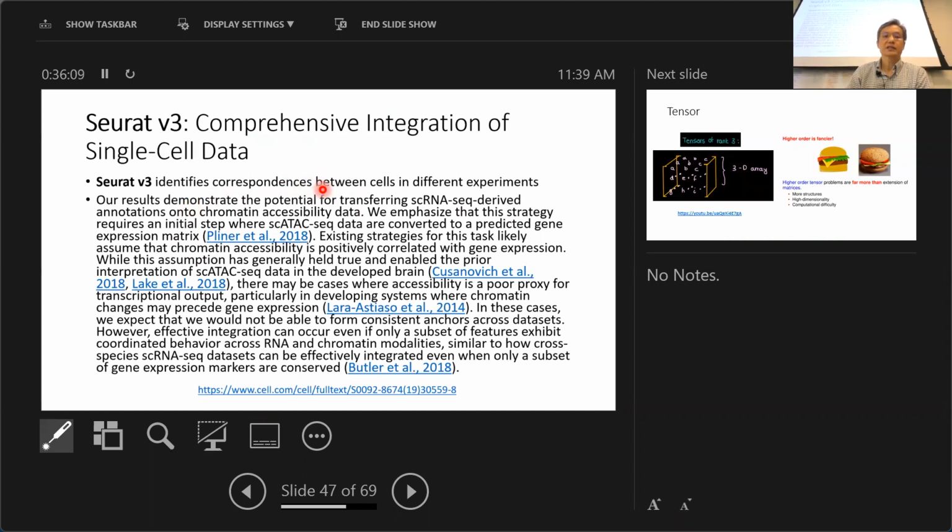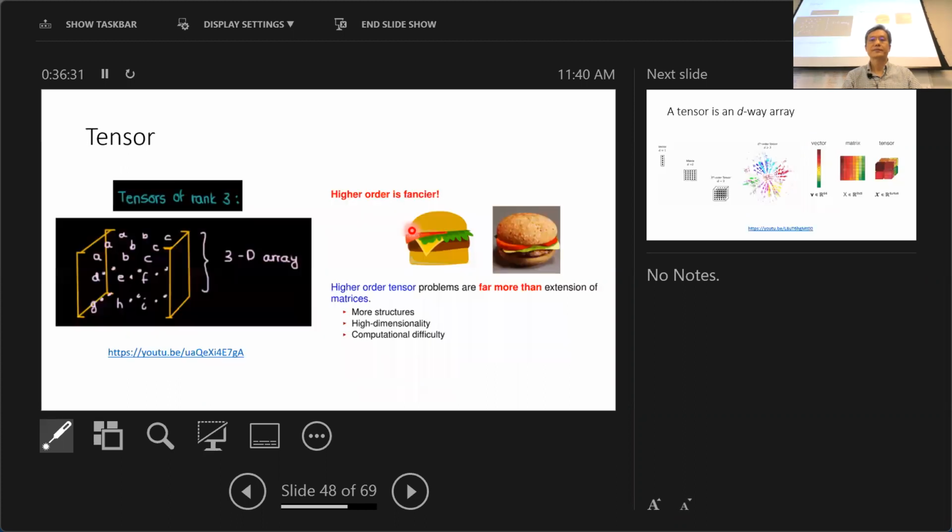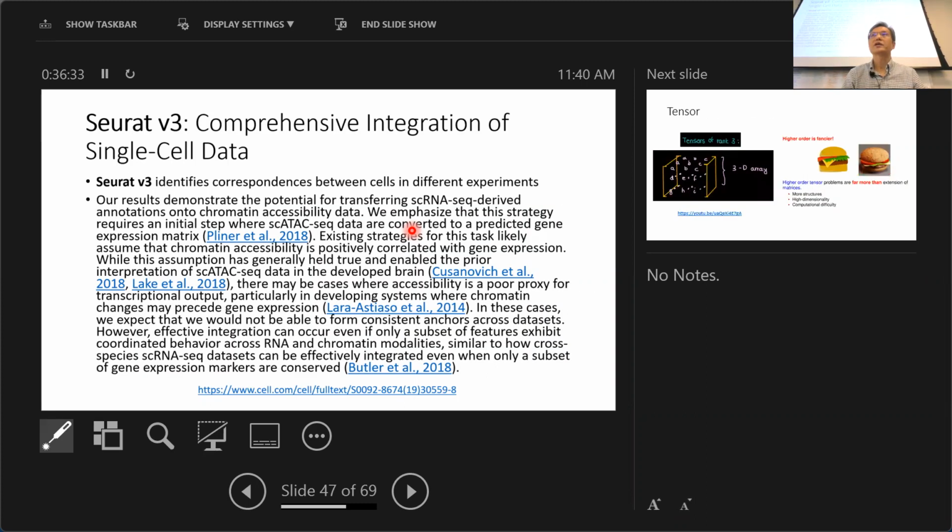Okay. So at that time, they started to claim their functions can help you do this integration of cell analysis from multi-omics. Okay, so we finish this part on manifold alignment. Now, any quick questions? Okay.